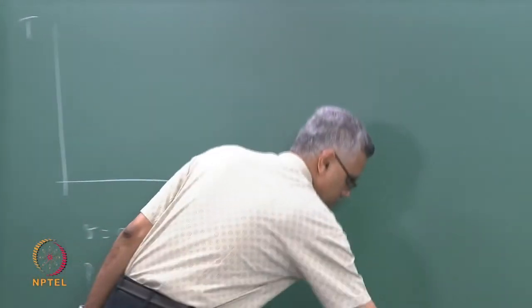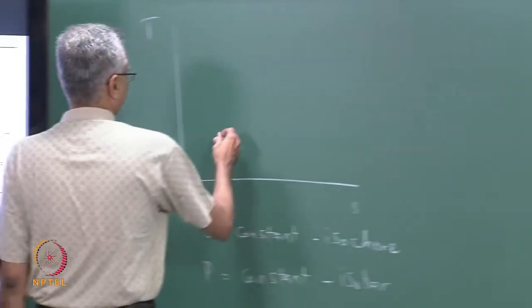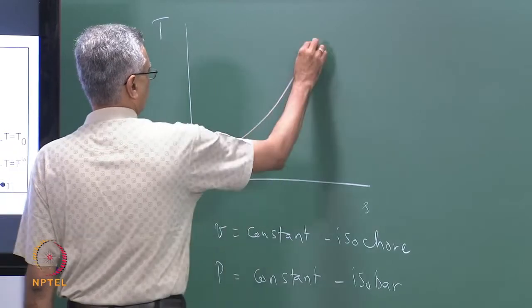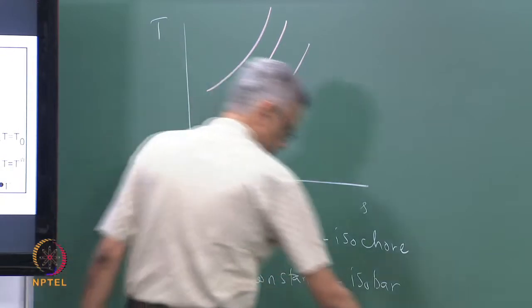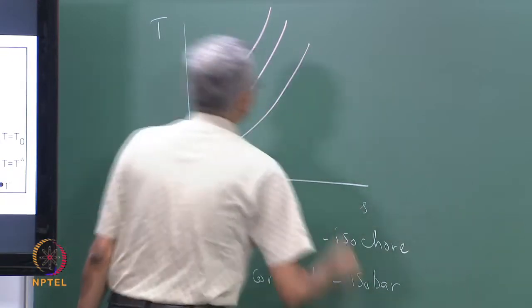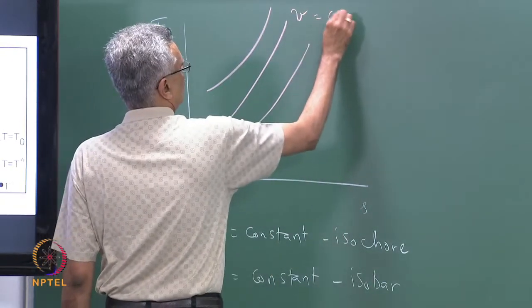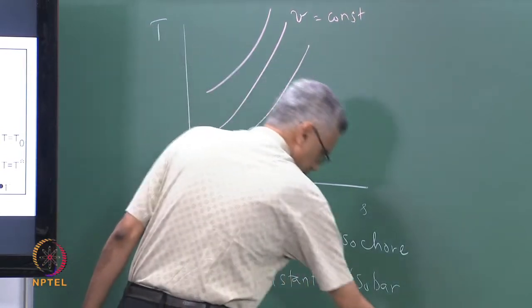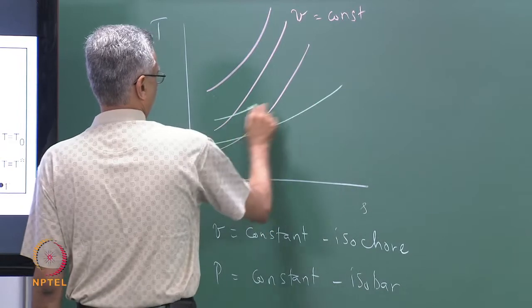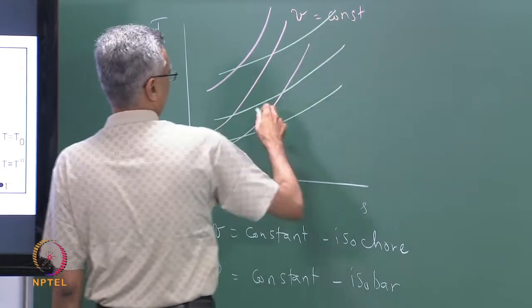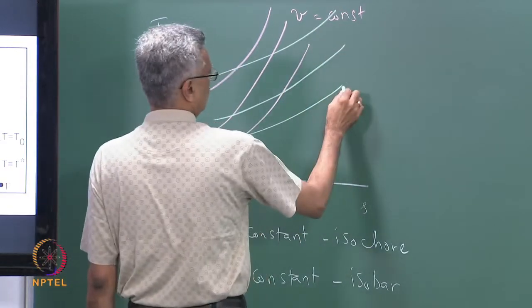We showed that constant volume lines were steeper than constant pressure lines. So, these are V equal to constant, and the constant pressure lines were less steep than the constant volume lines.